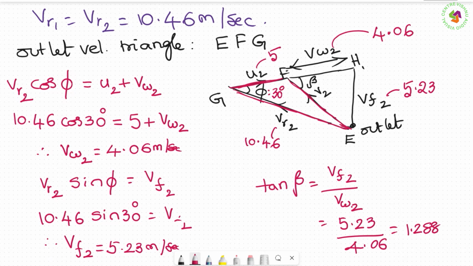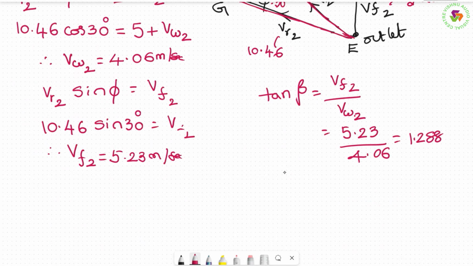Therefore, from this, beta is equal to 52 degrees 10.2 seconds. This is the second answer.